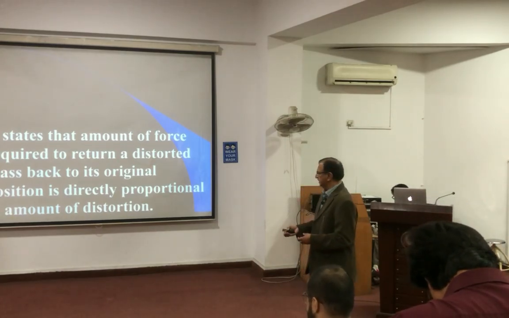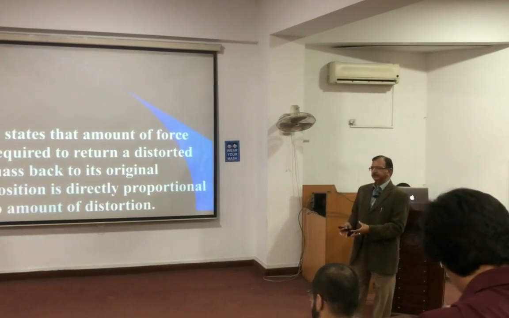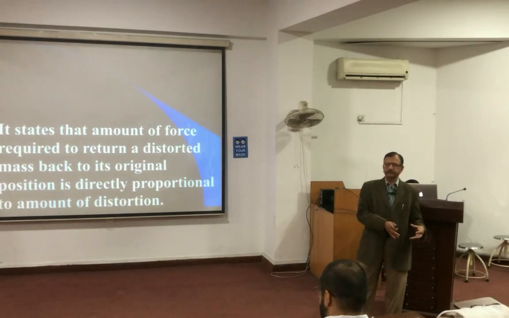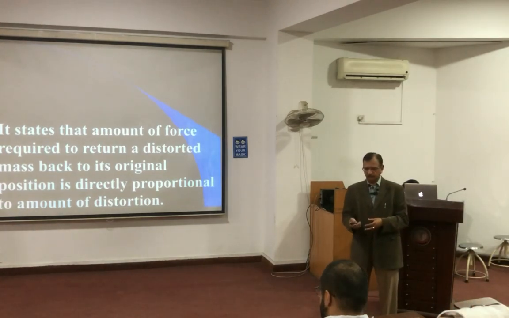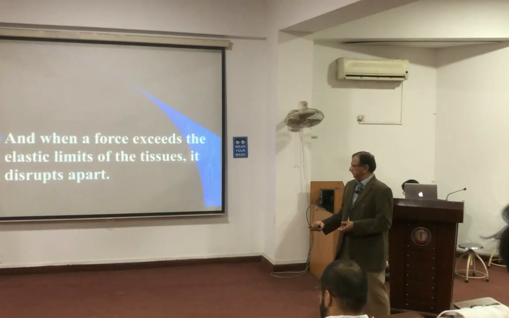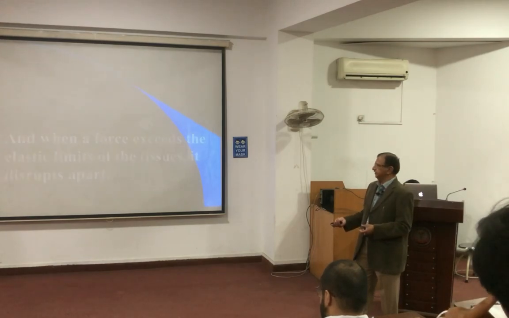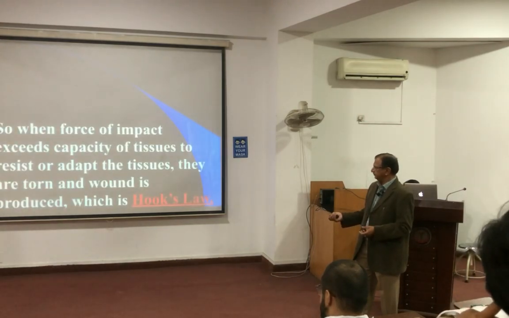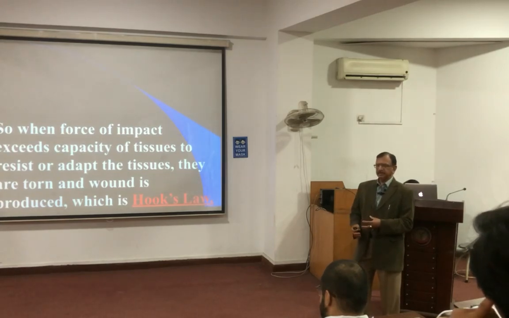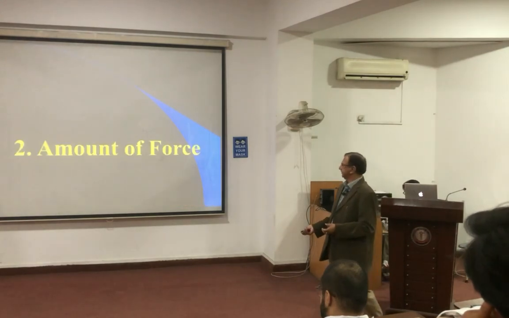It is vice versa, that if the amount of force being applied is higher, distortion will be higher, and if the amount of distortion is higher, naturally the amount of energy applied is higher. But when this limit is exceeded, then the tissue disrupts, and the resistance, the adaptability, that is under the laws of elasticity or Hooke's law.